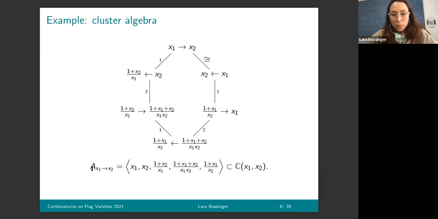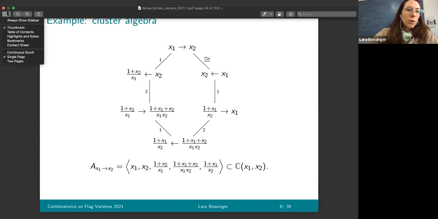The cluster algebra itself is defined as the subalgebra of the field of rational functions in my original variables x1 and x2 that are generated by exactly these elements I collected along the way.